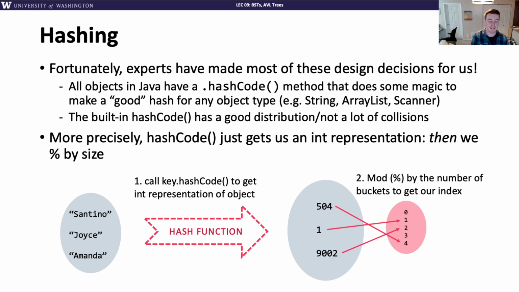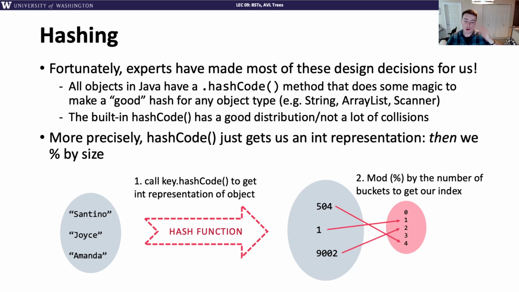For the most part, as I mentioned, you are not going to be worrying about implementing your own hash code or hash functions. The way Java is designed, every object has a hashCode method, and that method does the magic of making a good hash for the object types Java implemented. So strings and other types have a built-in hash function that's good. You should just assume it's good and use that whenever you can. One thing to remember is that the hash code gives us an int representation of the object.